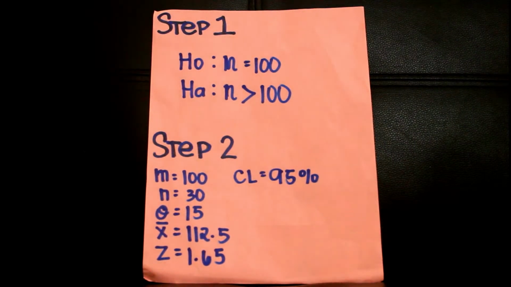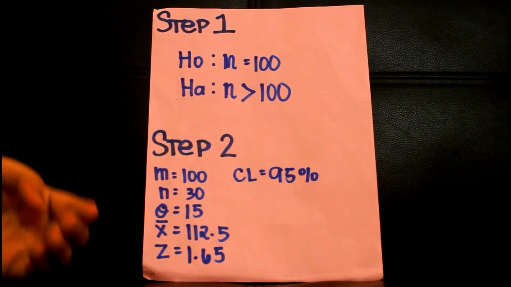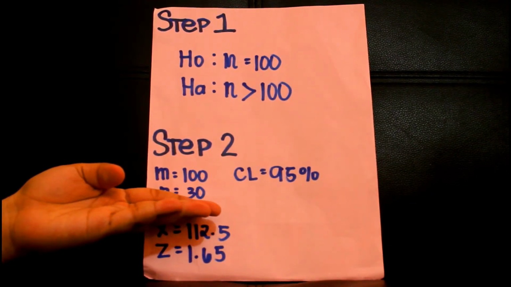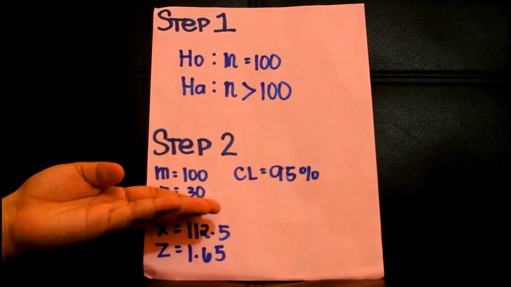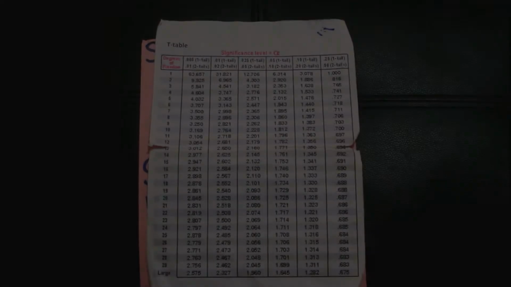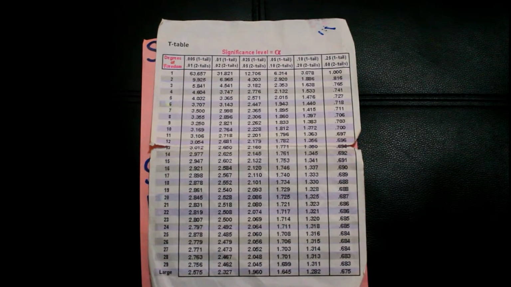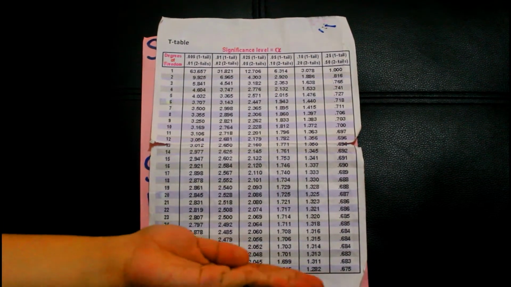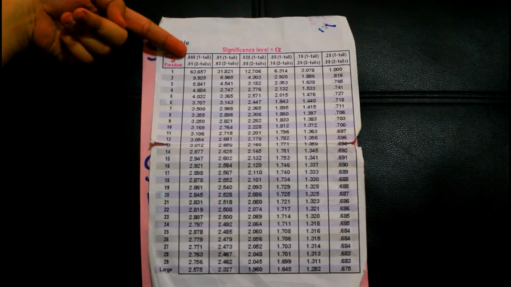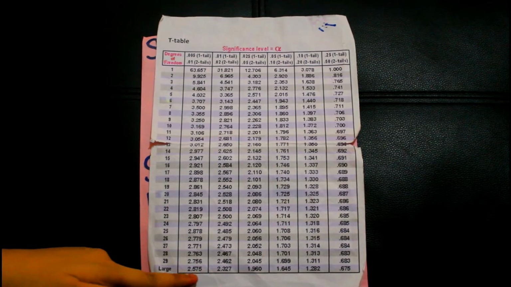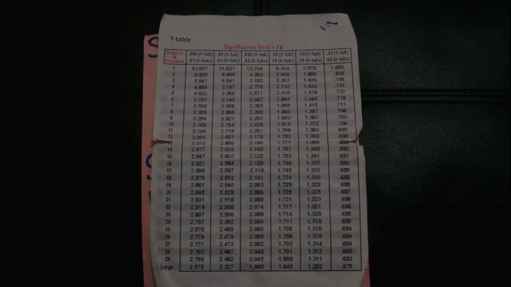After we converted, look at the sample size. We have 30 samples, so it means that we must look at the row of large at the degrees of freedom in the t-table. The intersection of the row of large and the column of 0.05 is the Z-score, which is 2.57.